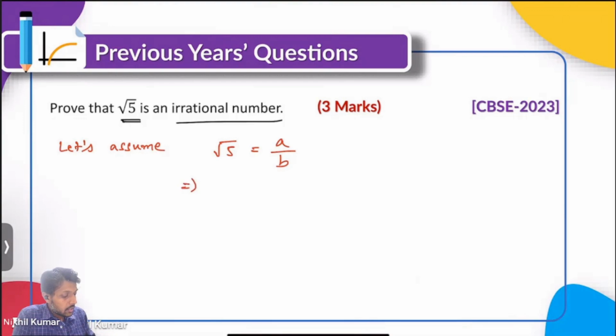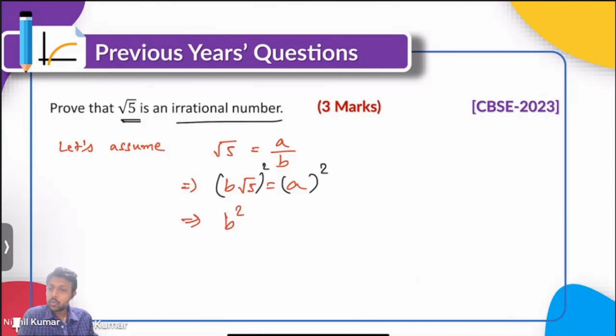Okay, let's juggle this a little bit. So b root 5 is equal to a. Let's put the square on both the sides. We can do that. This will give me b square into 5. So 5b square equal to a square.